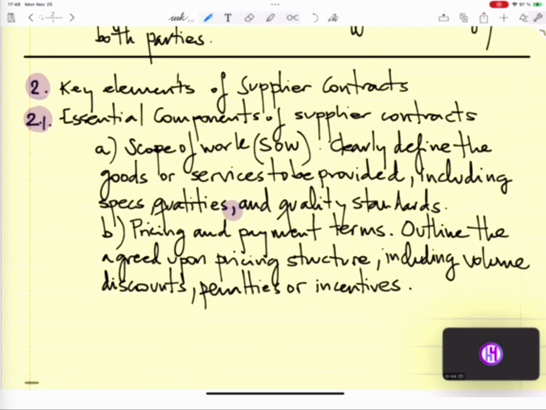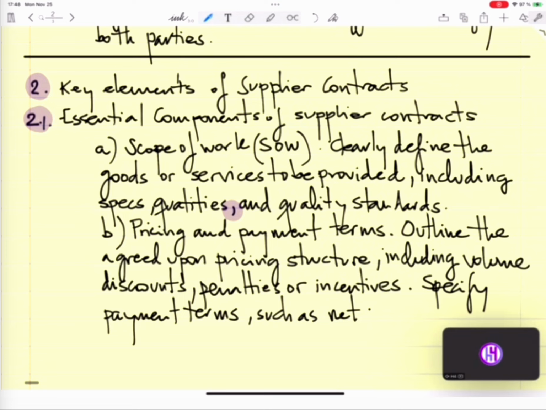Specify payment terms, such as net 30, I will pay you in 30 days, or net 60, I will pay you in 60 days, or whatever.